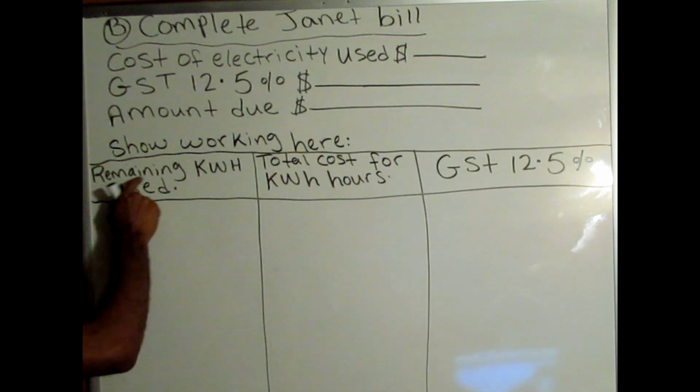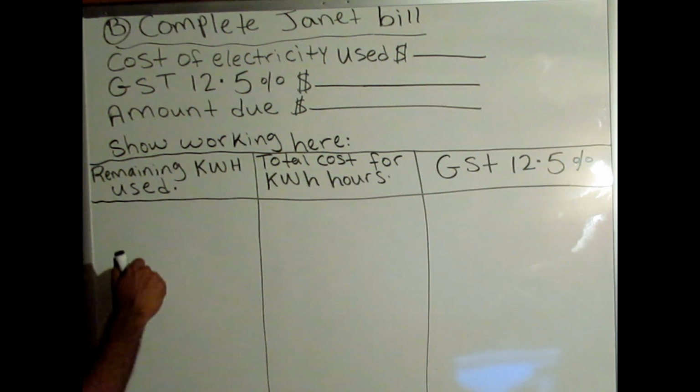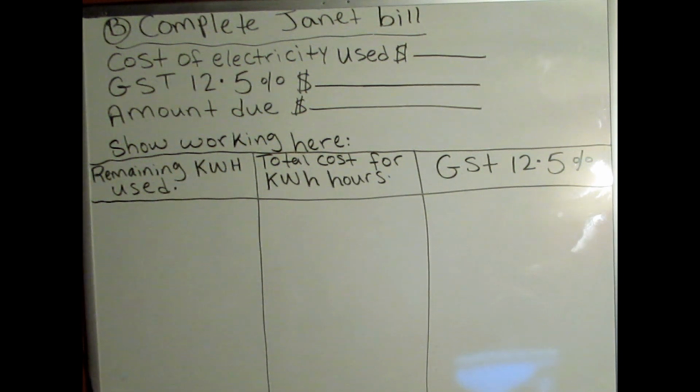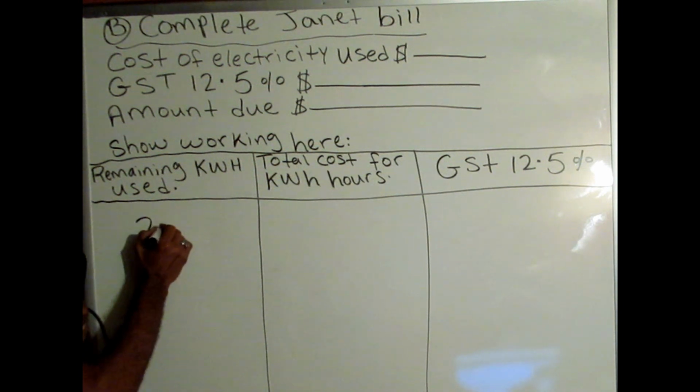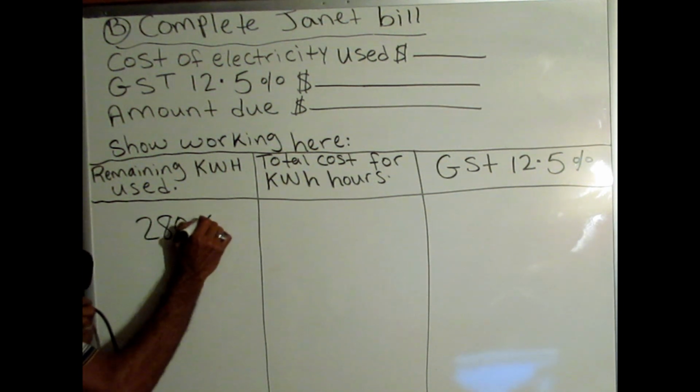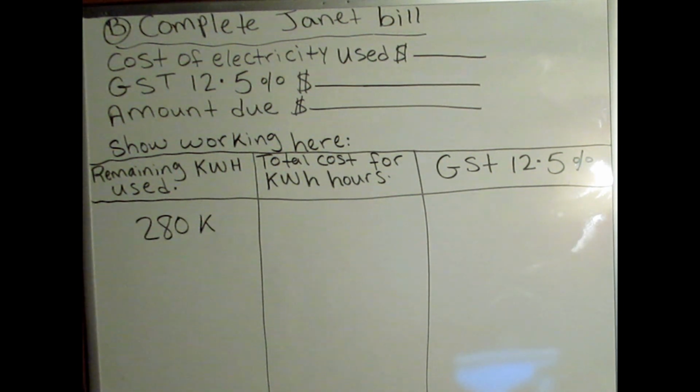It says remaining kilowatts used, and we found that in part A it was 280 kilowatts. And remember, how did we get that 280? We add the 50 plus the 150 from part A, and we minus it from the total 480 kilowatts that Janet used.